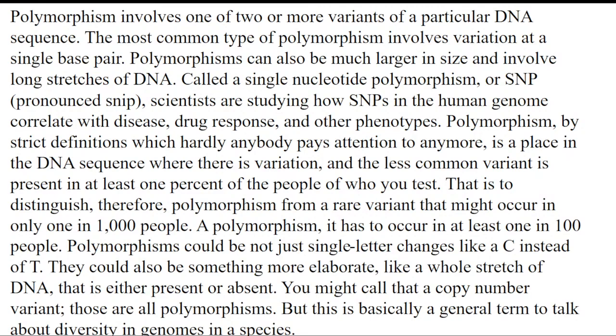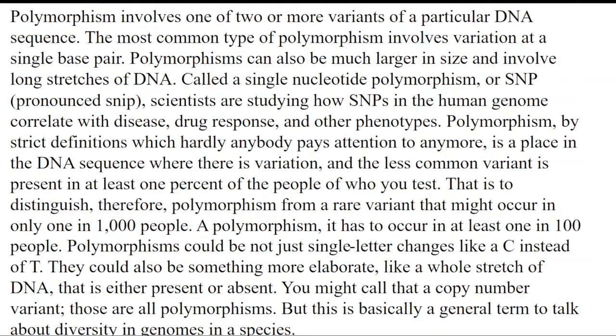Which is to distinguish, therefore, polymorphism from a rare variant that might occur only in 1 in 1,000 people. A polymorphism has to occur in at least 1 in 100 people.